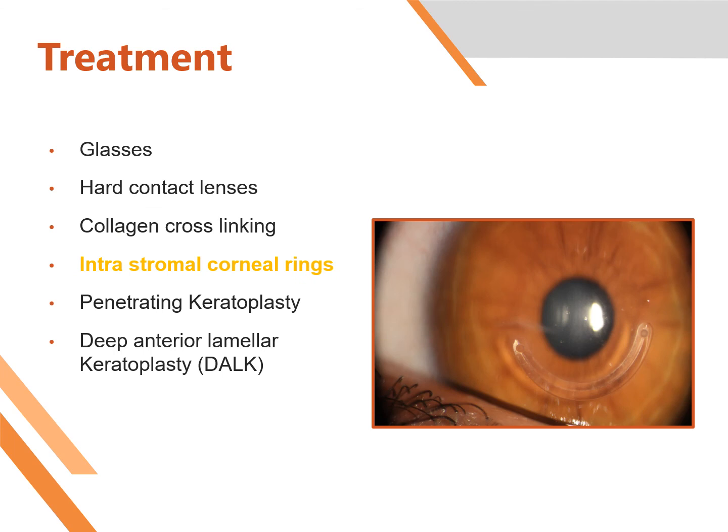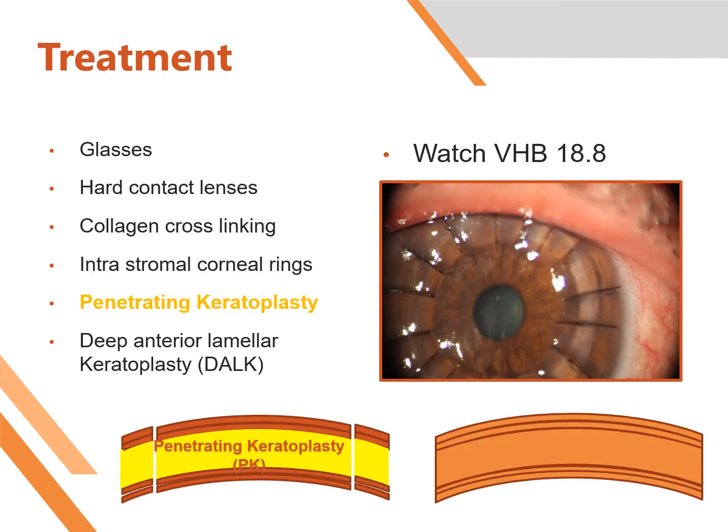Another option for advanced keratoconus is intrastromal corneal rings. You can see a ring here, and you insert this ring into the stroma, and that changes the shape of the eye and the patient is able to see better. Penetrating keratoplasty is another option. You remove all the 5 layers of the cornea and replace them with the donor's 5 layers.